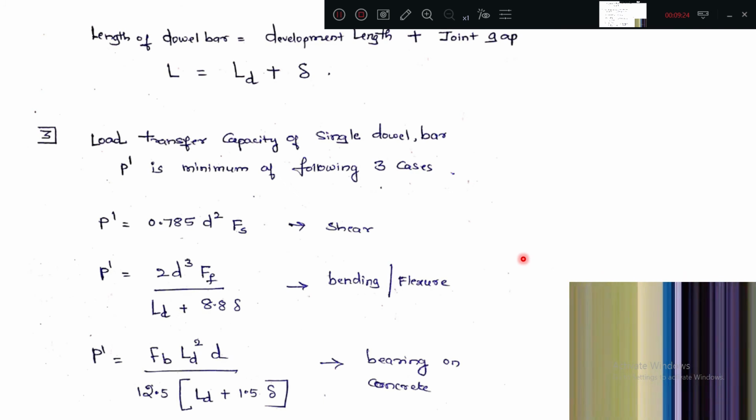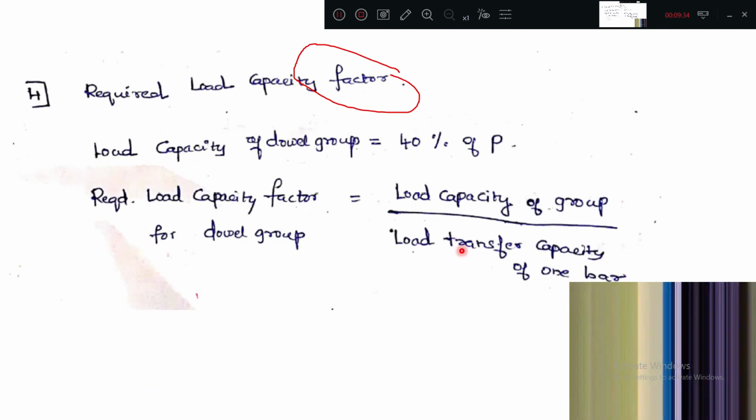If you go to the previous step, that is P dash, the minimum of the three, and it is used in the denominator here. Dividing the 40% of P by this gives the required load capacity factor for the dowel group, the total group itself.